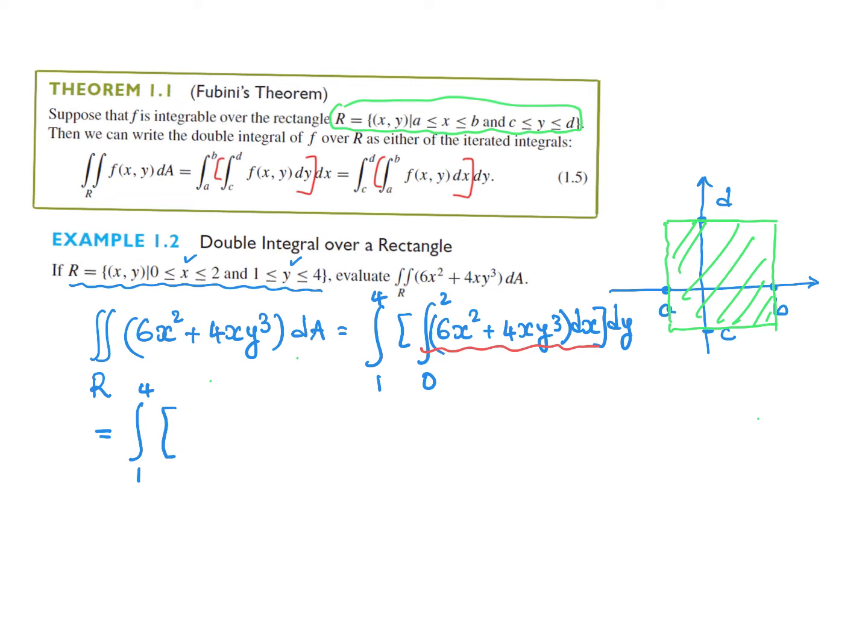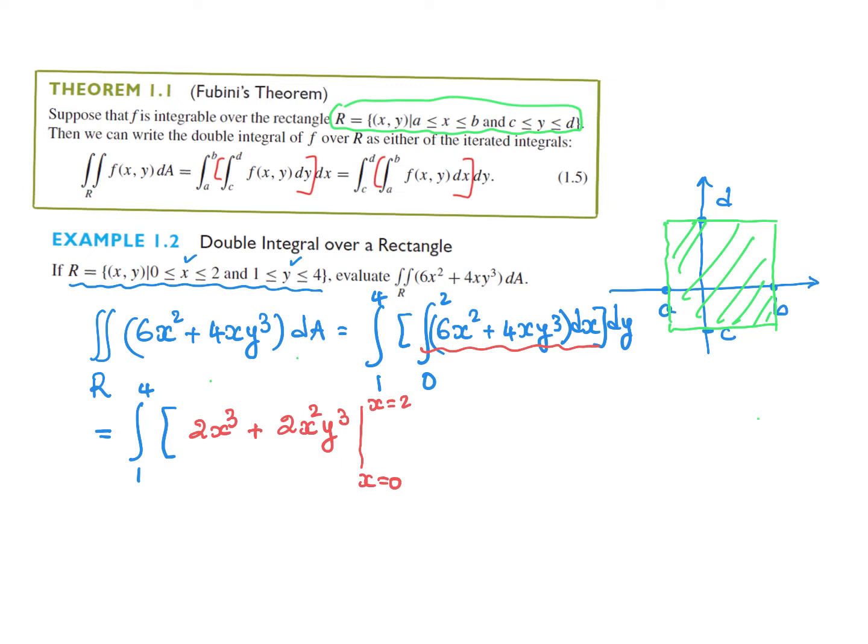So 6x squared, integrate that with respect to x. That will give us 2x to the power of 3. And then 4xy to the power of 3, integrate that with respect to x, we get 2x squared y to the power of 3 from x equal to 0 to x equal 2.